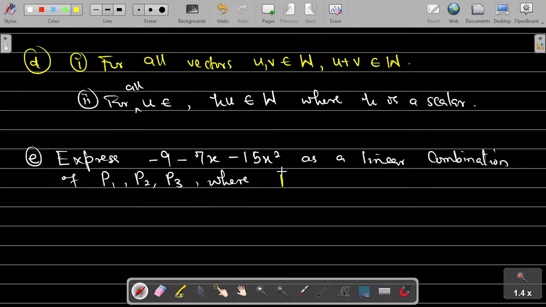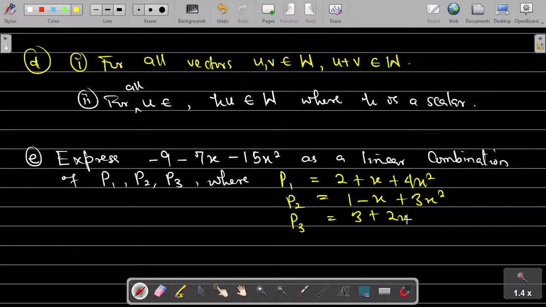Let me write them. P1 is equal to 2 + x + 4x squared, and P2 is equal to 1 - x + 3x squared. And then P3 is equal to 3 + 2x + 5x squared.